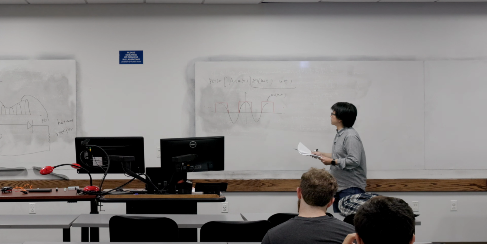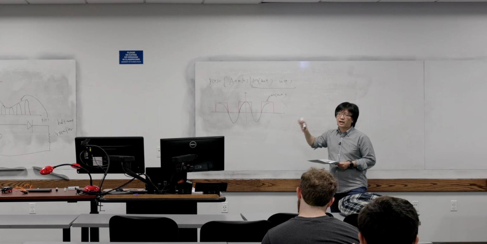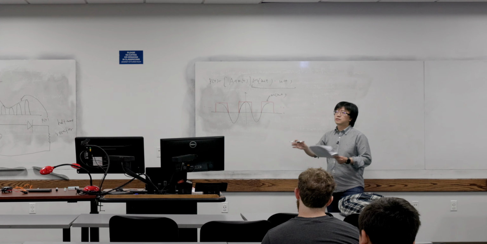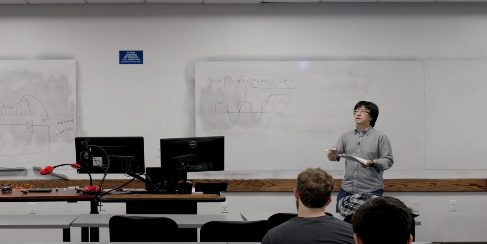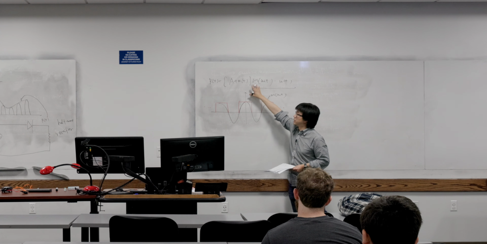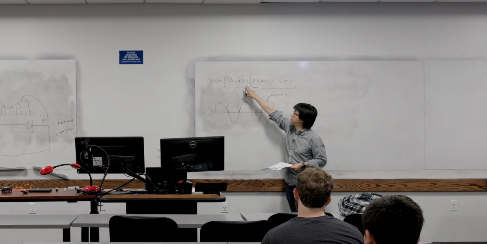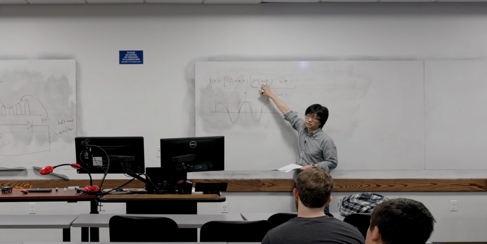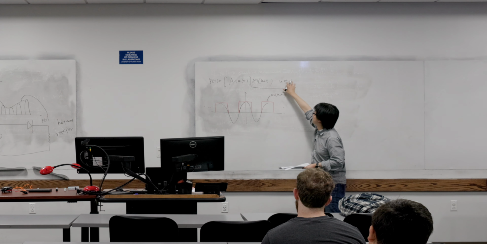From this formula, can you tell me what would be left after the low-pass filter? We need to analyze what the low-frequency components and the high-frequency components are. For the first term, it's very clear: the frequency of m(t) is fm, and cosine omega_c t only has one frequency component. And how about this guy?